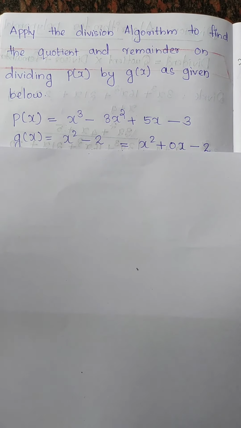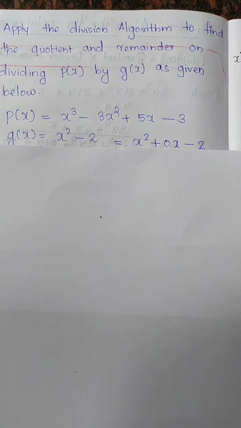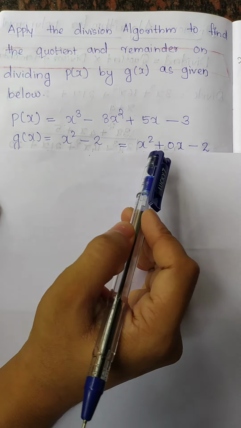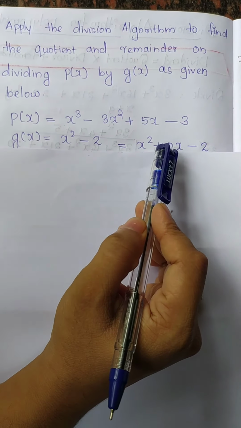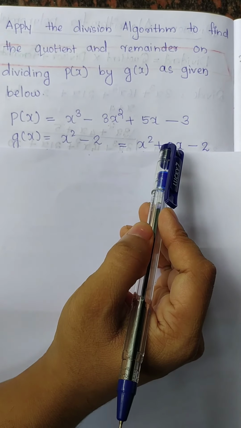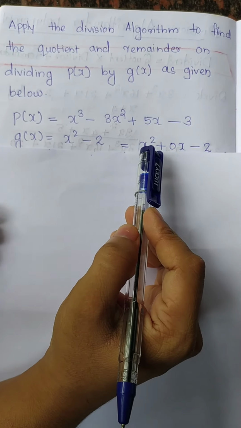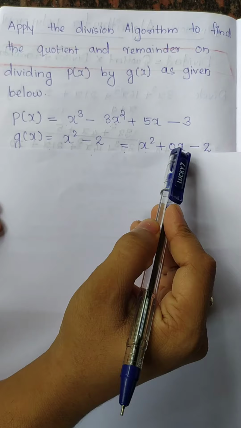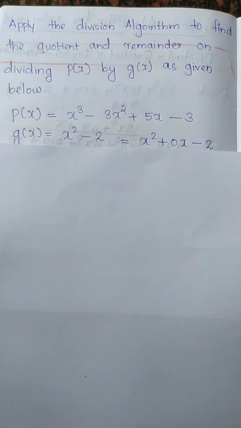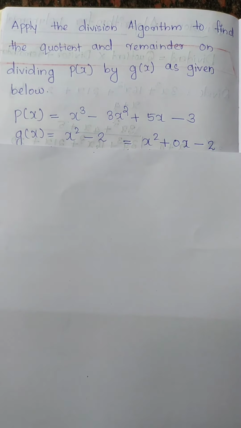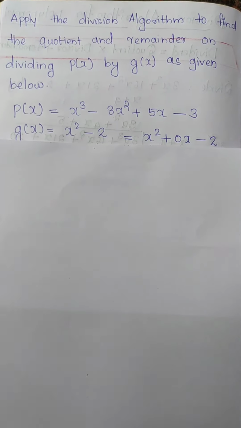So x square plus 0x minus 2. This is the divisor. So now let's continue our problem, that is, the division algorithm.